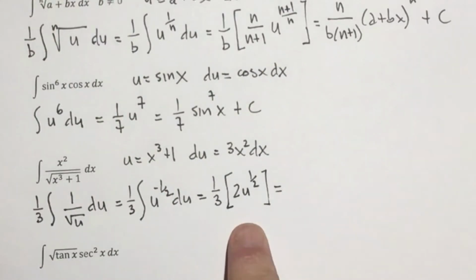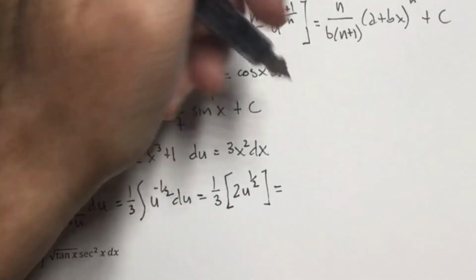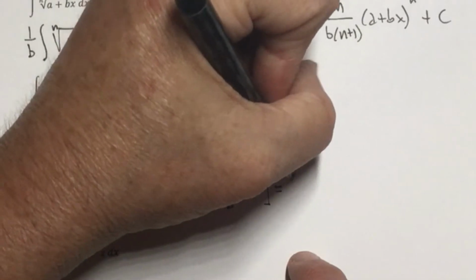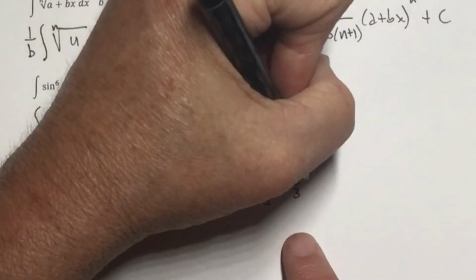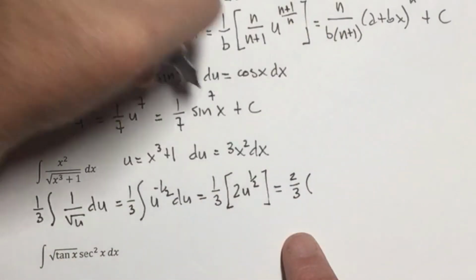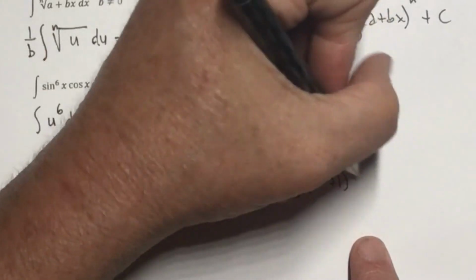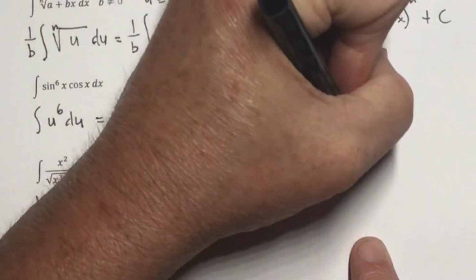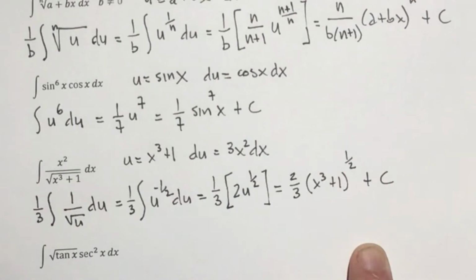All right, there you go. And I will simplify that by bringing the 2 out front. So this becomes 2/3, and then putting u back in, x cubed plus 1 to the 1/2, and finally plus c. There you go.